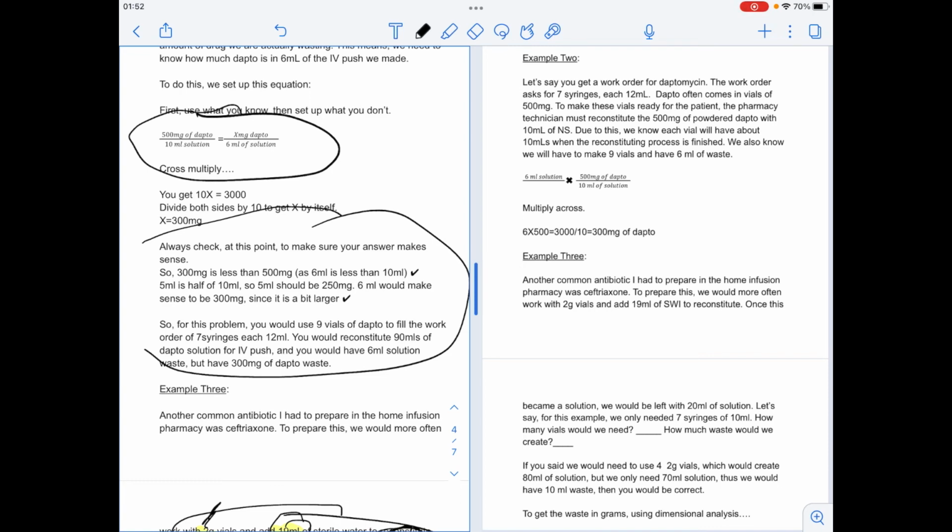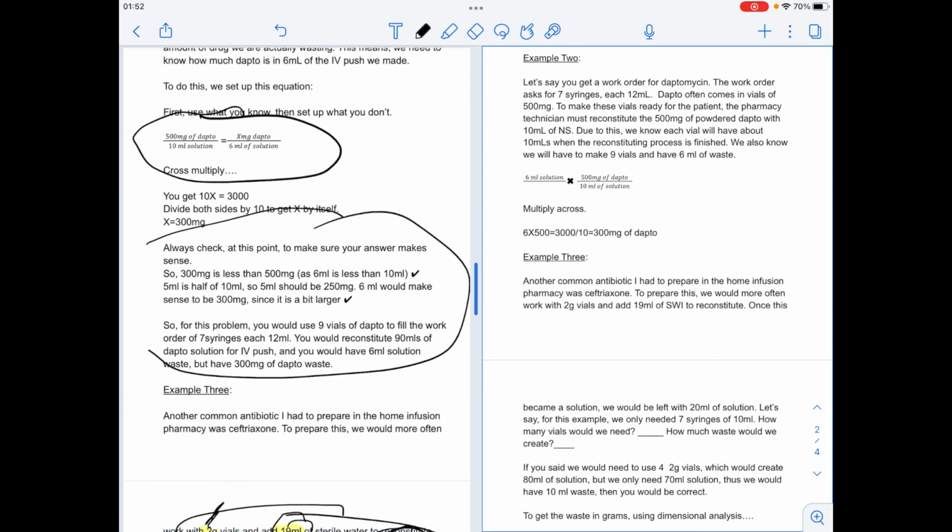Here we put them across so they cancel out. Once again, you always want the units that you're trying to find in the numerator on the right. So the units you're trying to find must be in the numerator on the right-hand side, so that way you can easily cancel these out. So milliliters of solution cancels out, milliliters of solution cancels out, and you're left with this unit, milligrams of Dapto.